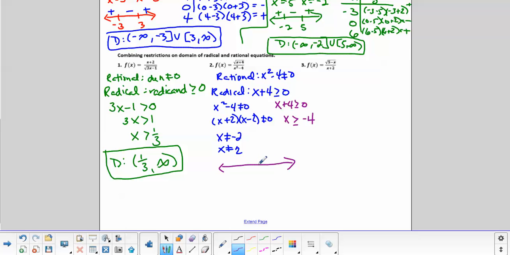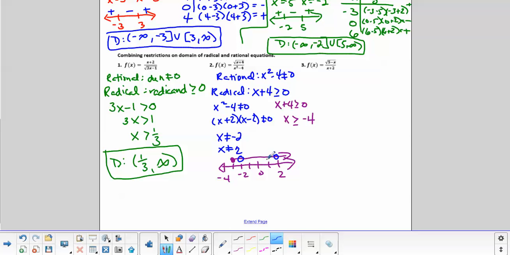So if you want to think about this on a number line, here's 0, 1, 2, there's negative 2, there's negative 4, and there's positive 2. So x is going to be greater than or equal to negative 4, except x cannot equal negative 2, so we have to leave that value out, and x cannot equal positive 2, so we have to leave that value out. So really our domain has 3 pieces.